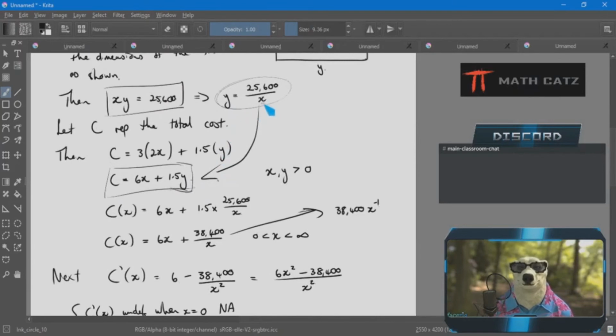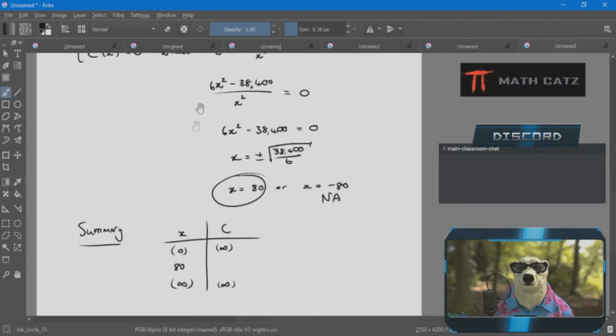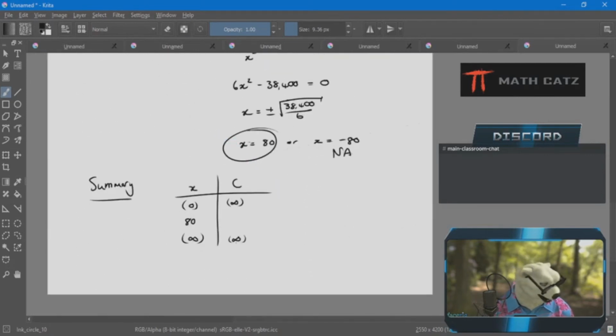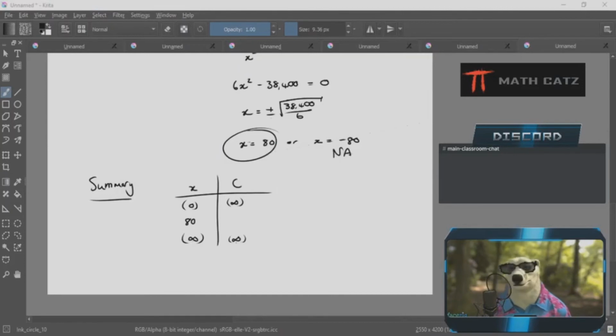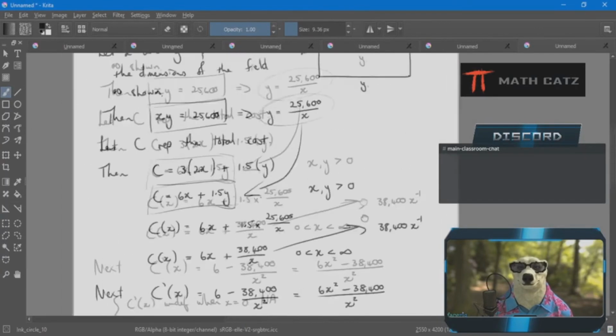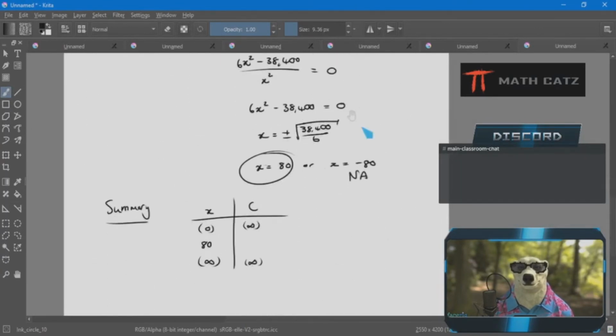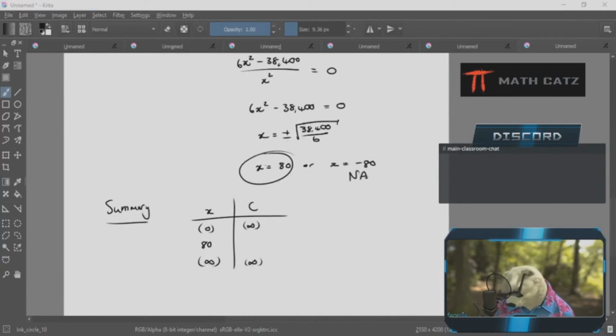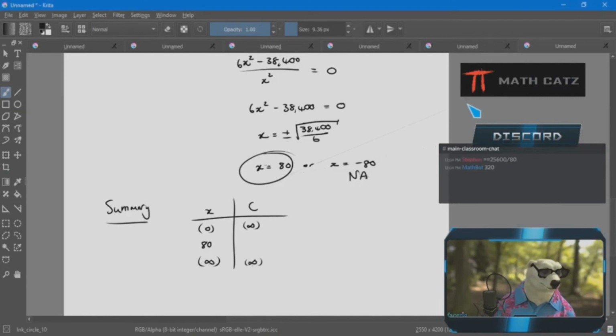So when x is 80, y is 25,600 divided by 80. Let's see, that is going to be, what did I just say? $25,600. So I can do that over here. Y is 320.